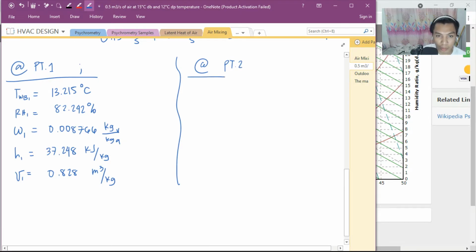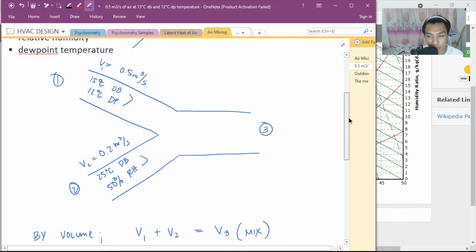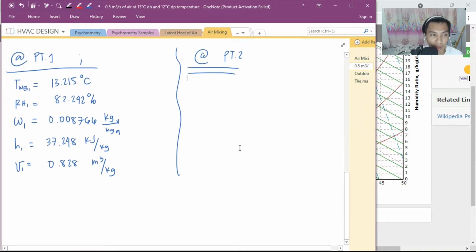At point 2, anong given mo dyan? Okay, so that is 25 degrees Celsius and 50%. Hanapin natin si dew point, temperature ni wet bulb 2. Meron ng RH, omega 2, H2, tsaka specific volume at 2. Yan.